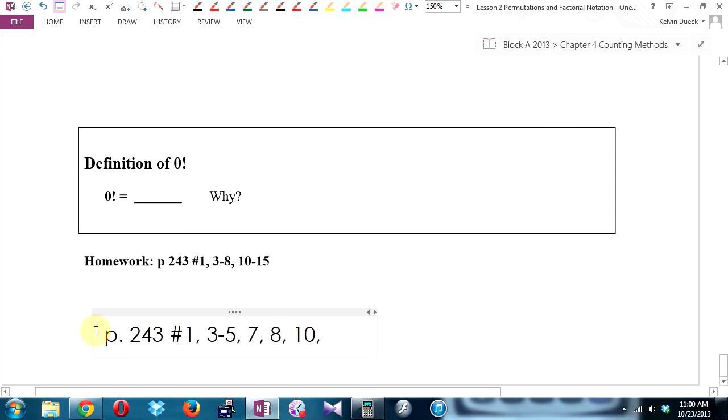Can't do 11 yet. 12 is good. 13 is tricky. I'll put a little star next to it. 14 is tricky. I'll put a little star next to it.